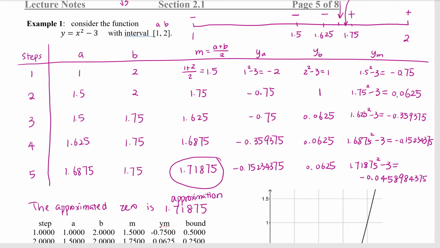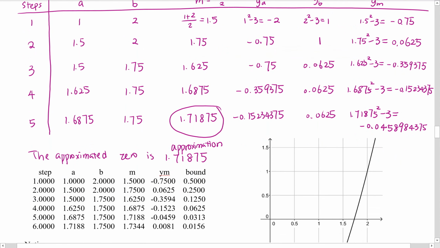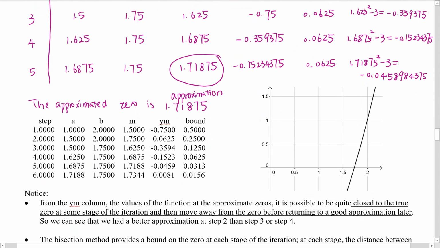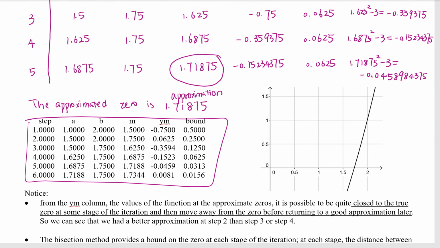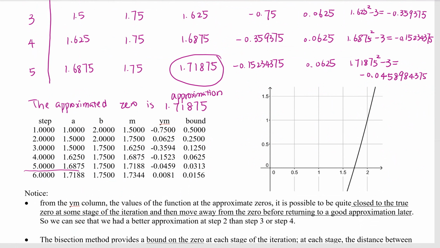Here we can actually use MATLAB to apply the bisection method to this example. This is the table we get, and we get to the 5th step. You can see our estimate, 1.7188. That matches our answer.